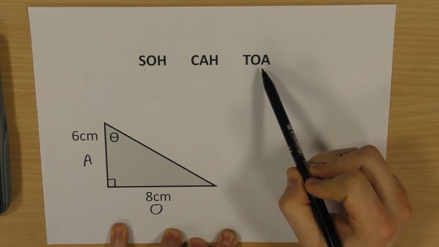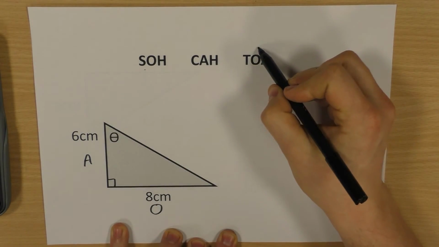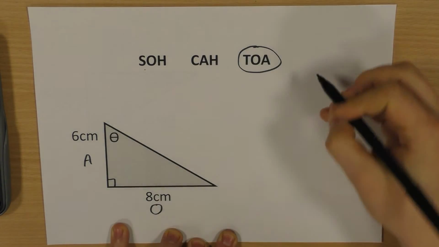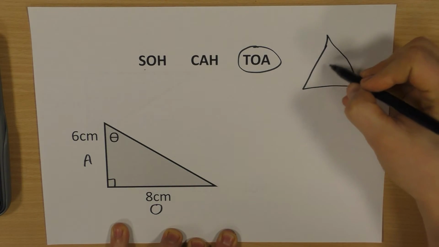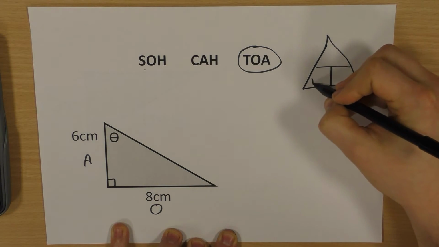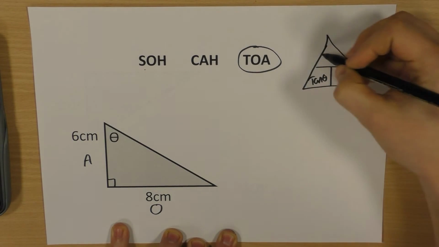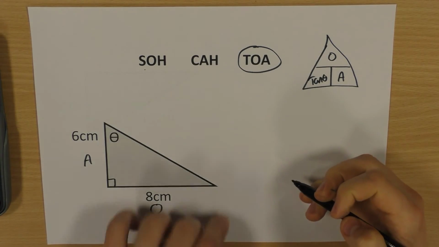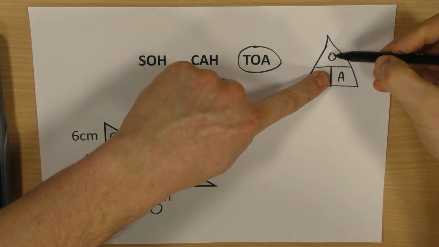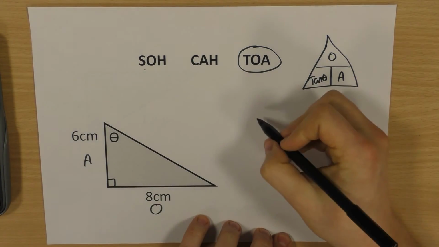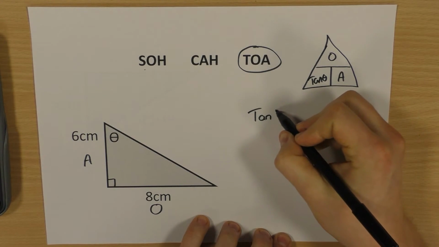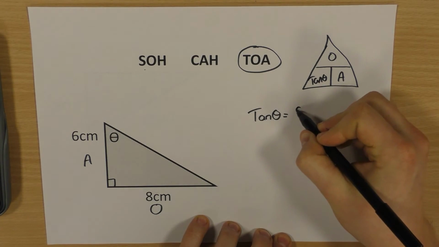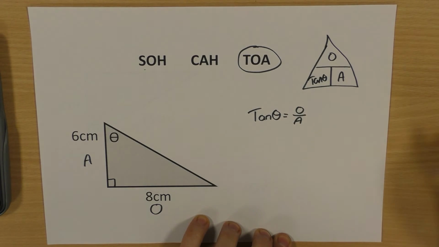Go back to your SOHCAHTOA, or A and O. I'm dealing with TOA. So draw yourself your little triangle to help you. So tan theta, opposite adjacent. And again, I'm after the angle, so I cover up tan theta, so it's opposite divided by the adjacent. So tan theta equals opposite over the adjacent.